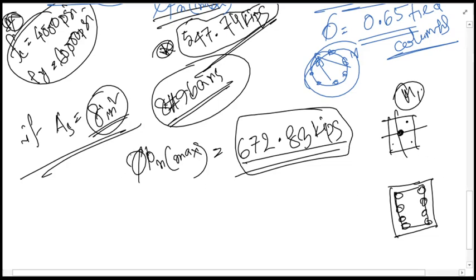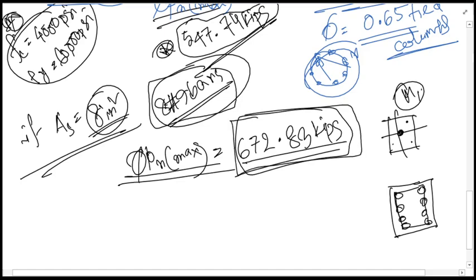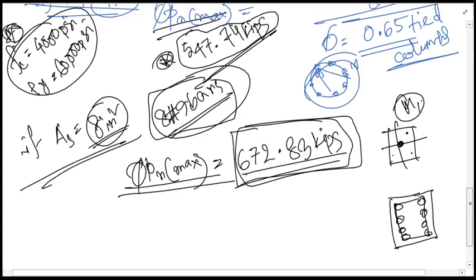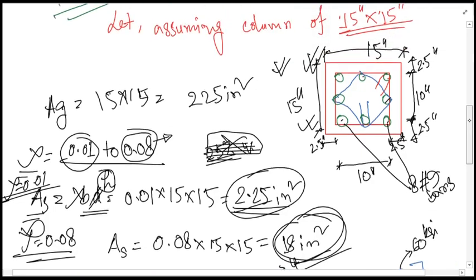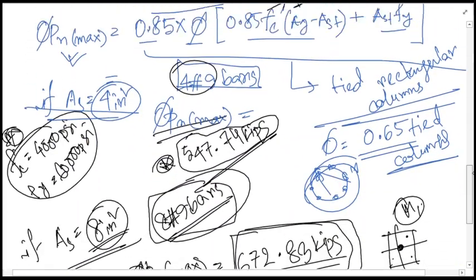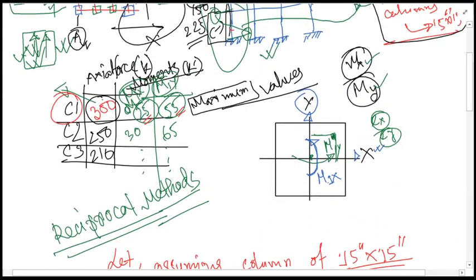So what we have seen, if this number of bars is used, for example 9 bars, then if it is a concentric column, the capacity of the column is 672.83 kips, which is well above the value 300, as we have seen here.